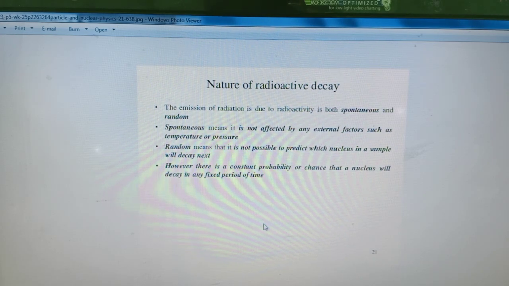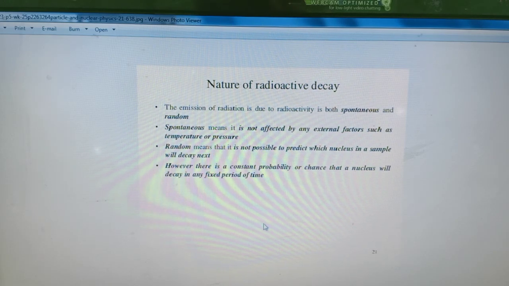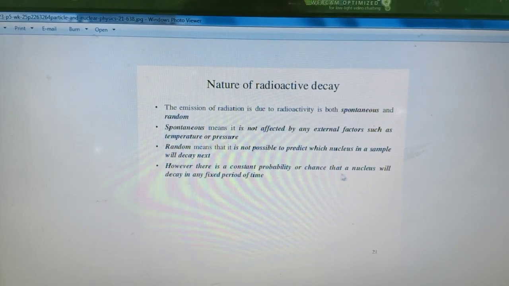And it will also happen randomly, meaning that it is not possible to predict which nucleus in a sample will decay next. Let's say we have 1 mole of uranium, we cannot know which nucleus in that 1 mole of uranium will decay. But we can make mathematical calculations, because there is a constant probability or chance that a nucleus will decay in any fixed period of time.